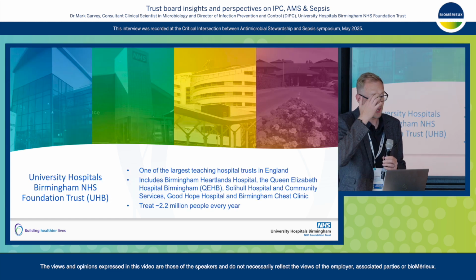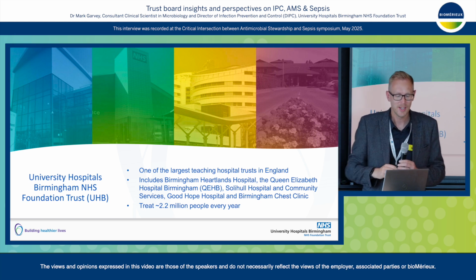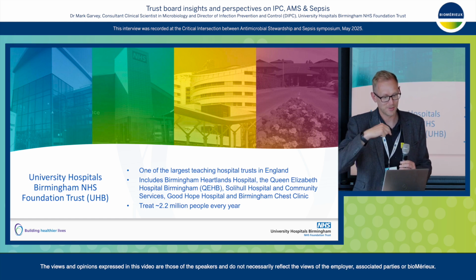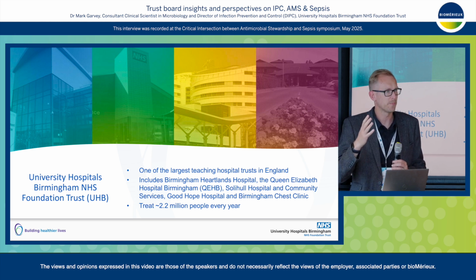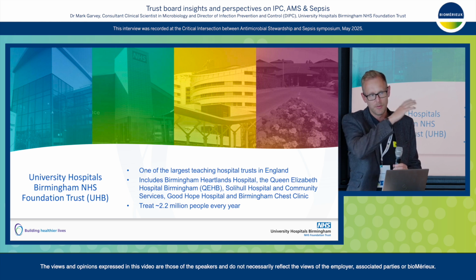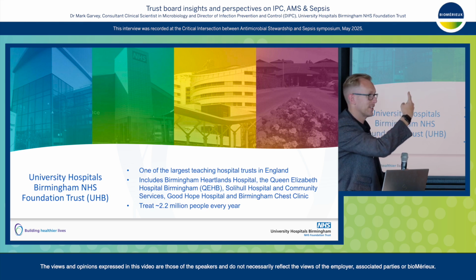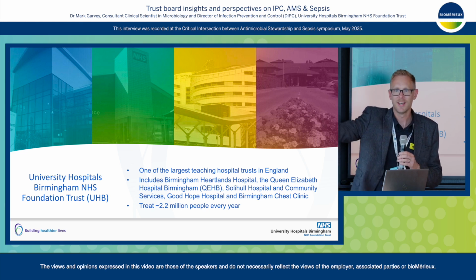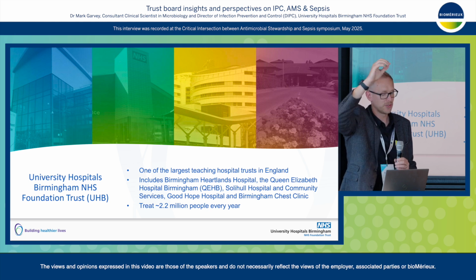So this is where I work. I've just come from work and I'll go straight back to work. We have 4 hospitals across Birmingham, so we cover the majority of Birmingham apart from the west side. We've got the Queen Elizabeth, I was taking a picture of it over there, Heartlands over there, and Solihull, and then towards the north we've got Good Hope.